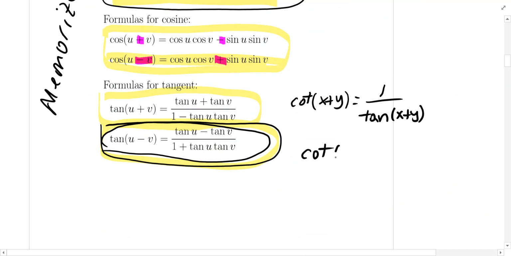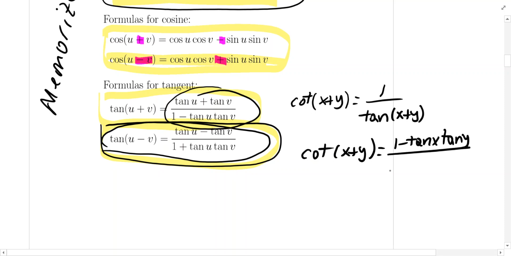So cotangent of x plus y is going to be this fraction, but the reciprocal of it. So it's going to be 1 minus tangent of x times tangent of y over tangent of x plus tangent of y.